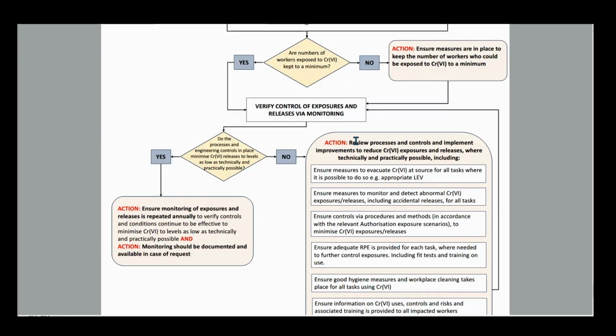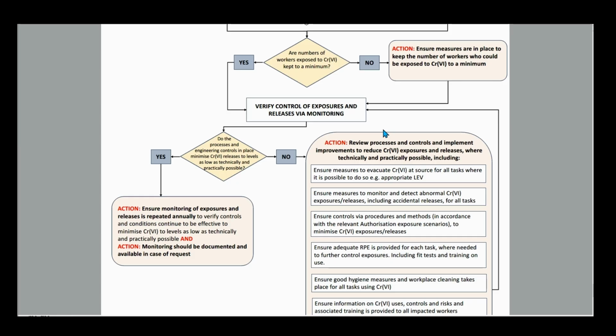After implementing the improvements, you need to verify again the control of exposures and releases by conducting monitoring and verify if processes and engineering controls are in place to minimize hexavalent chromium releases to levels as low as technically and practically possible.